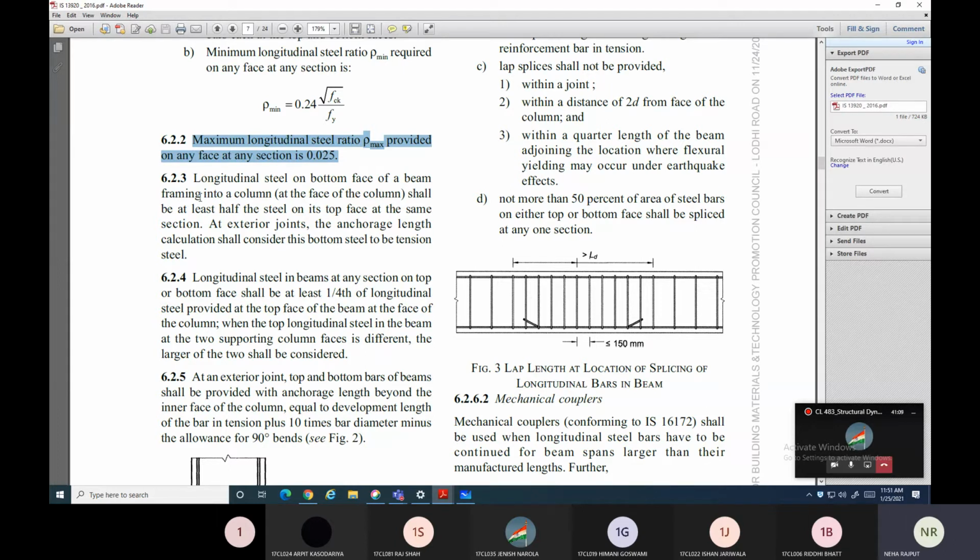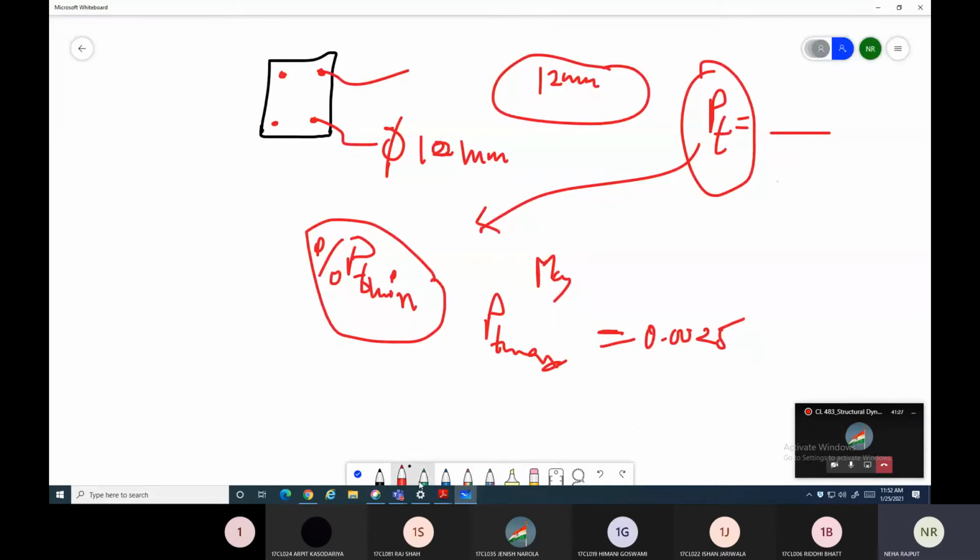So first clause is longitudinal steel on bottom face of beam framing into column. Longitudinal steel means lengthwise steel, this length reinforcement on the bottom face of the beam, मतलब bottom में जो main reinforcement अगर आपने provide किया है तो ये main reinforcement की बात चल रही है.